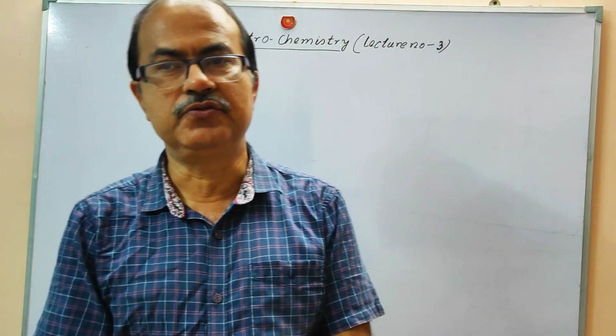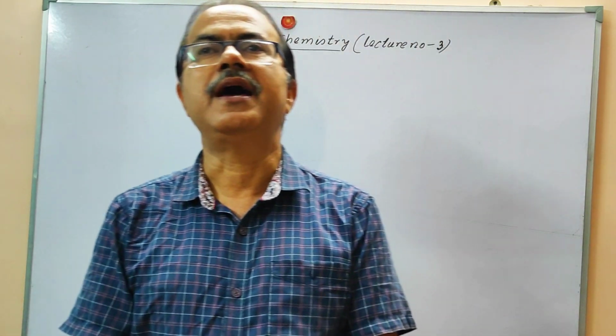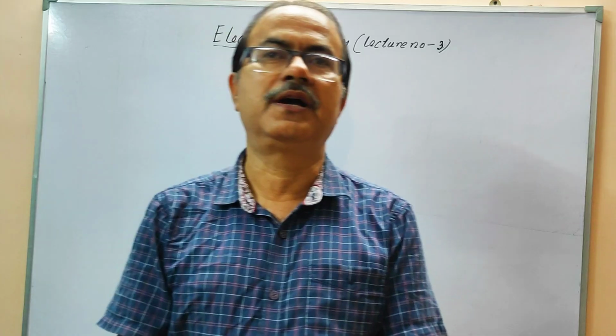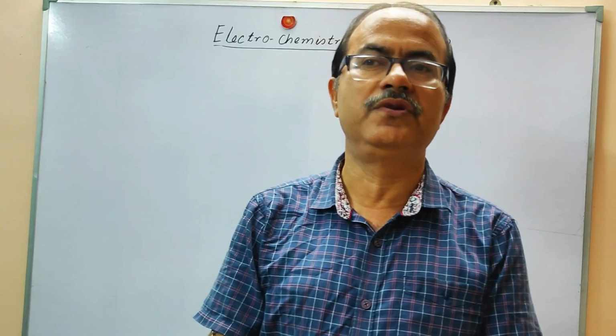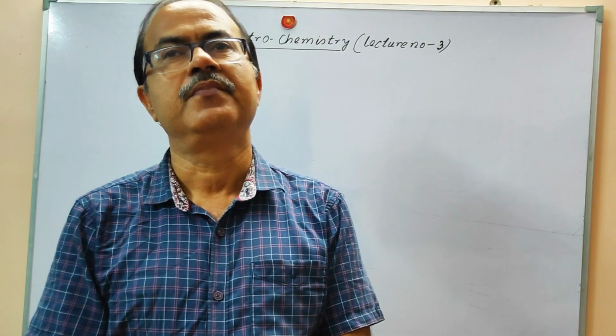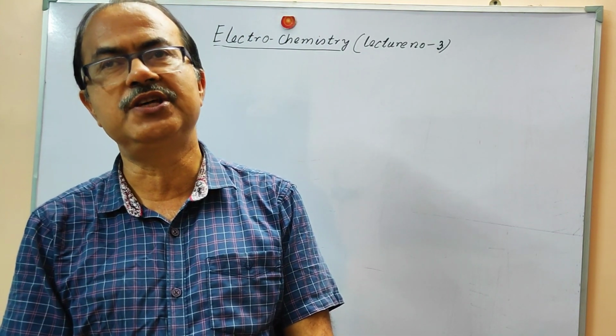In one half cell, called the anode, oxidation takes place, and in the other half cell, called the cathode, reduction takes place. And in the second lecture, we discussed how to represent the electrochemical cell and how to calculate the cell potential.